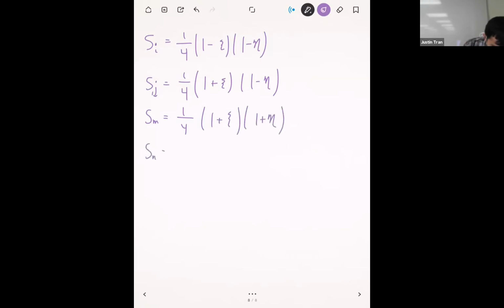And Sn is 1/4 (1 minus xi) and (1 plus eta). And so those are the shape functions that are associated with each of the nodes in our linear quadrilateral.